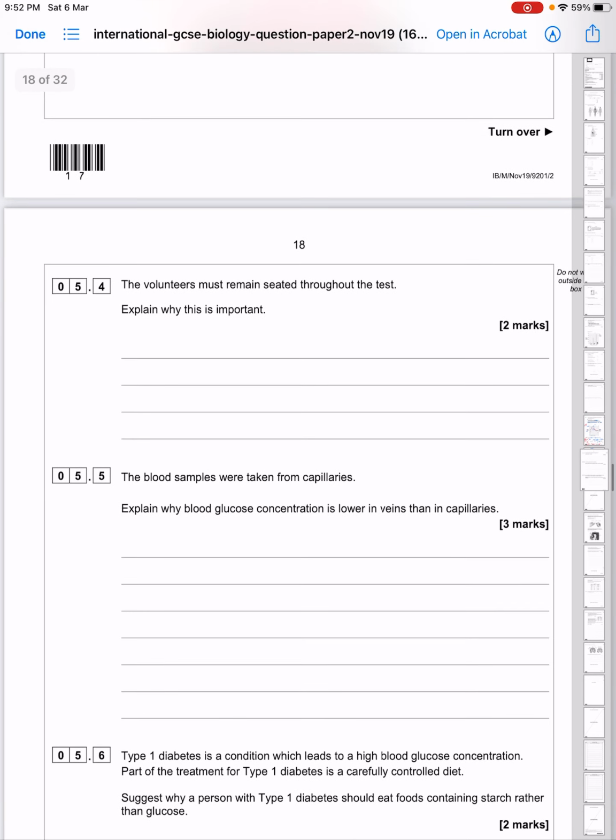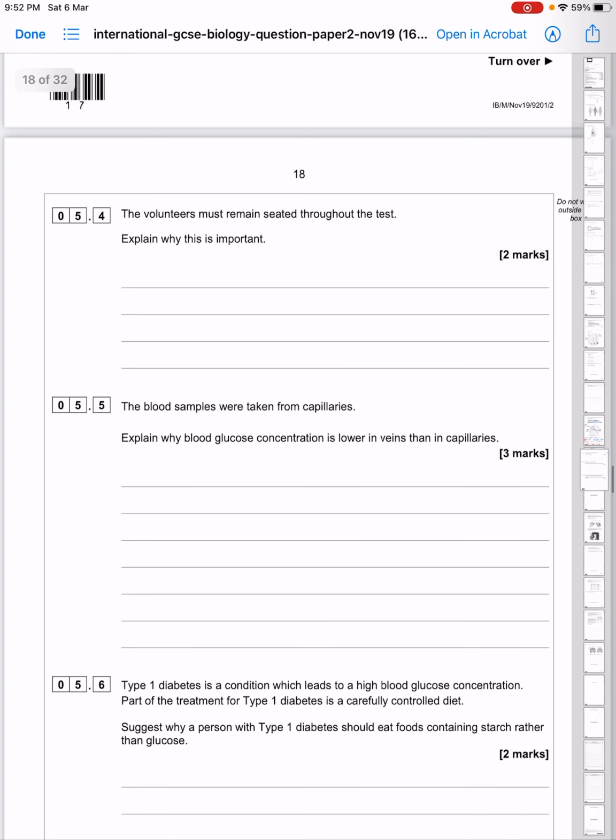Now, still on the same question, the volunteer must remain seated throughout the test. That's in interpreting information. Why must the volunteer remain seated throughout the test? Why is this important?